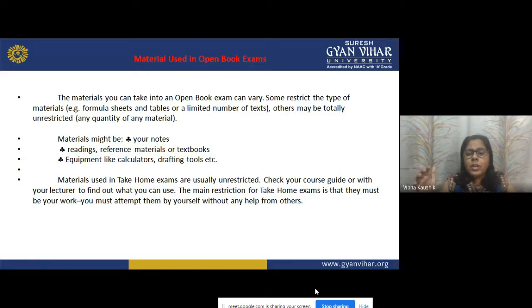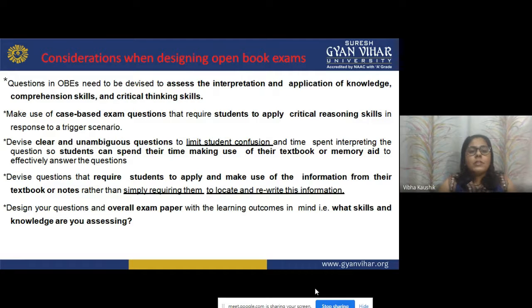It means you are free to use any reference material, textbooks, or any notes when you are giving a take home exam in an open book exam, but the first and the last condition is that you cannot take the help of other people.